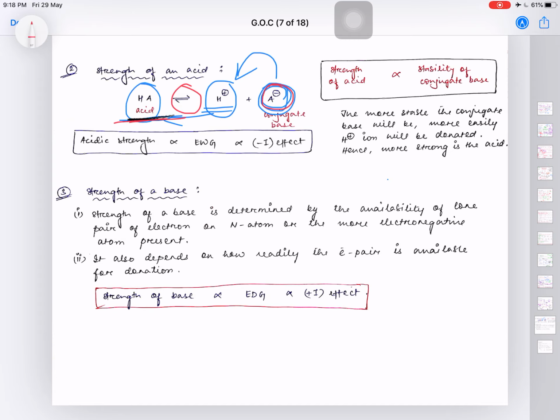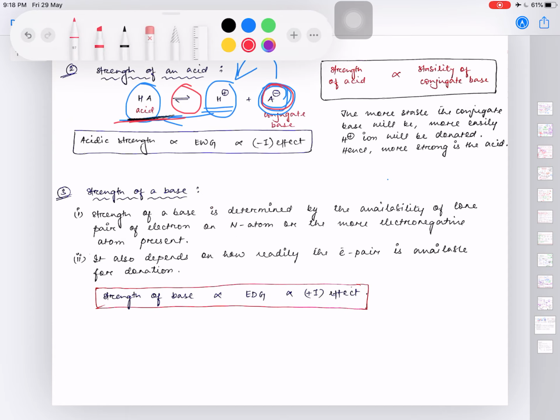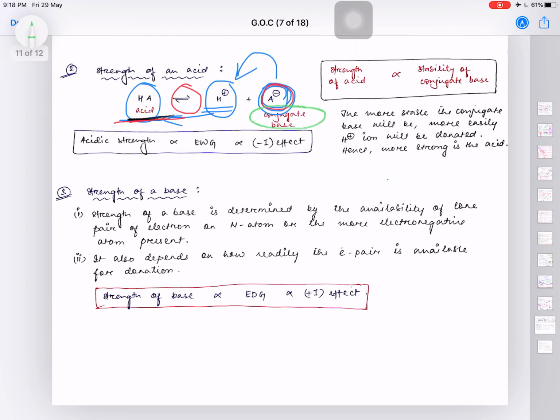So we'll call this base a conjugate base. Conjugate base means this is not actually a base, but it is formed from an acid: after giving H plus ions, it becomes a base.